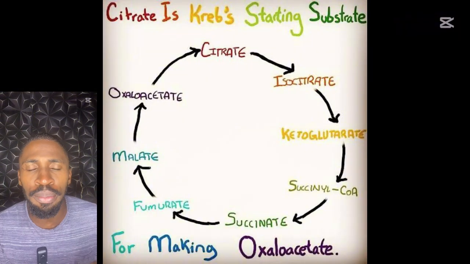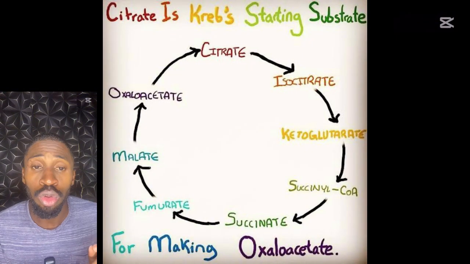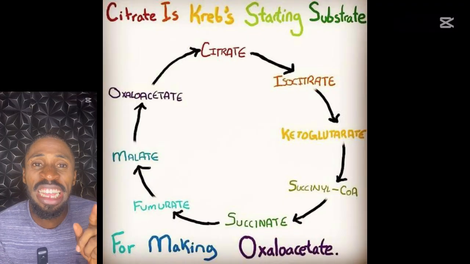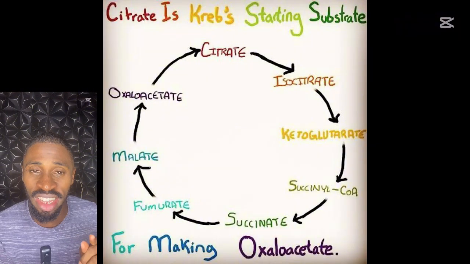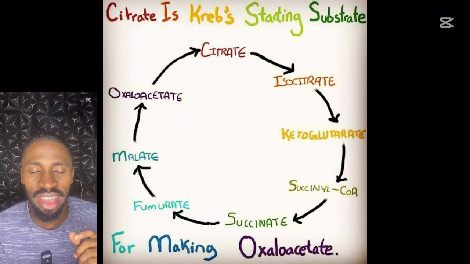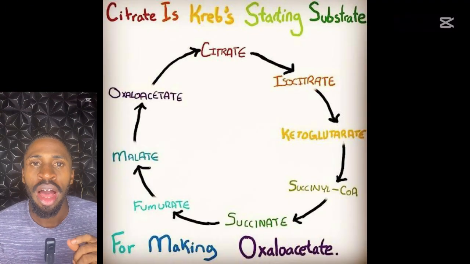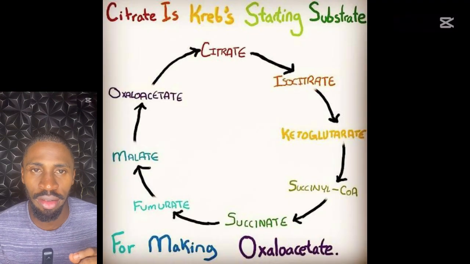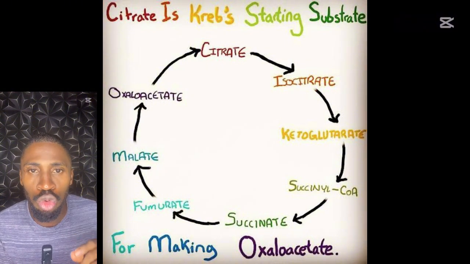Citrate is the first, isocitrate, Krebs is α-ketoglutarate, starting is succinyl-CoA, substrate is succinate. So don't forget: Citrate is Krebs starting substrate to form.